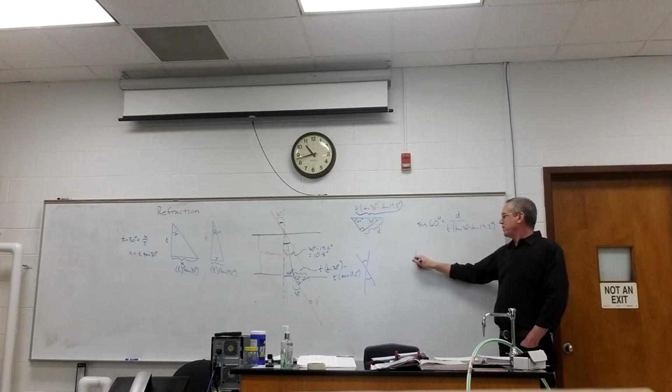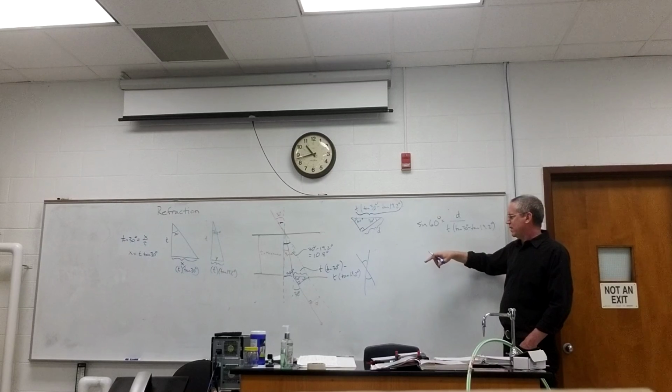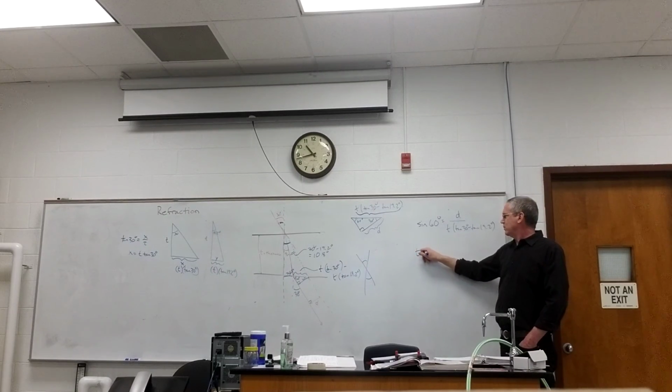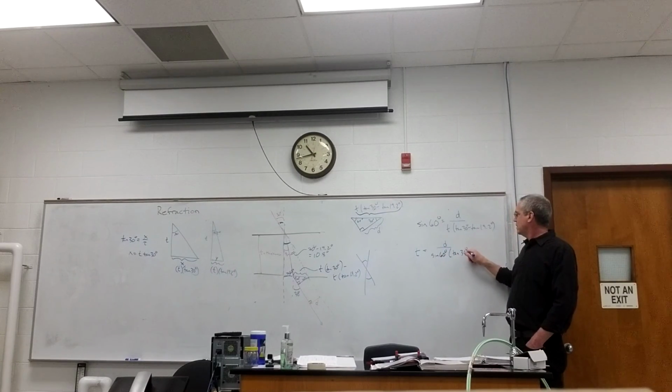And so I was looking for a relationship between thickness and that distance right there. So solving for thickness, it's going to be equal to the distance between them divided by sine of 60 degrees times tangent of 30 degrees minus tangent of 19.2 degrees.